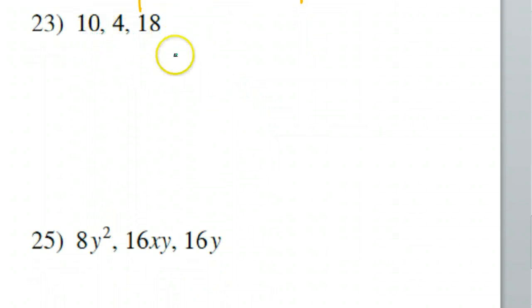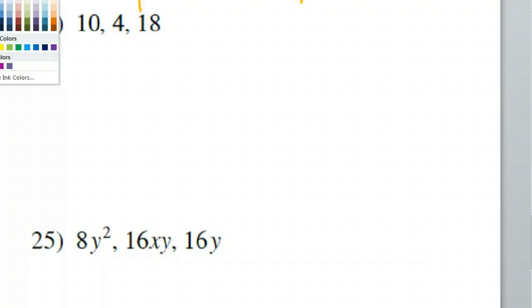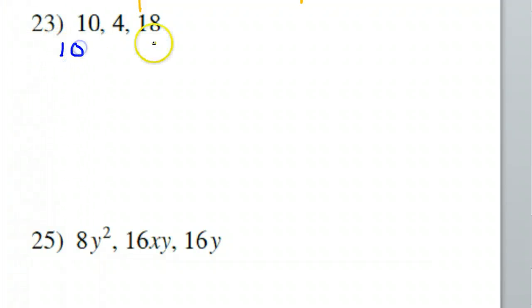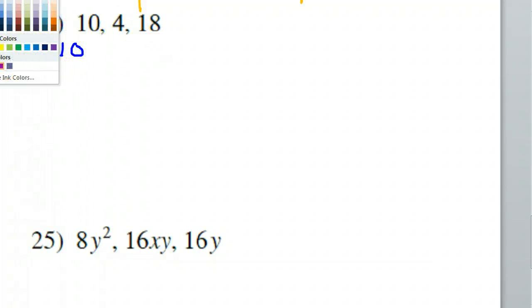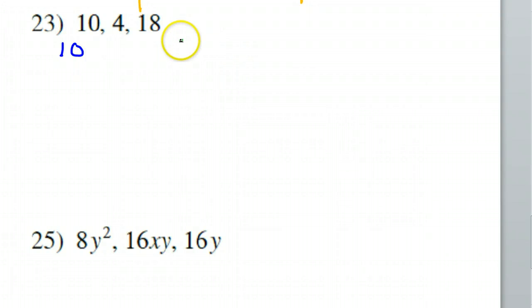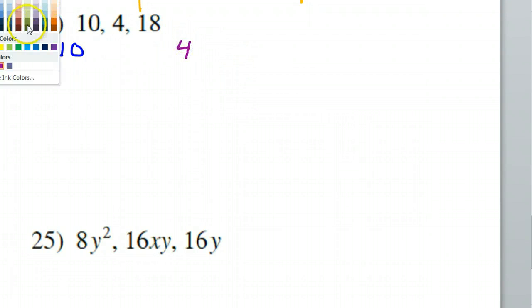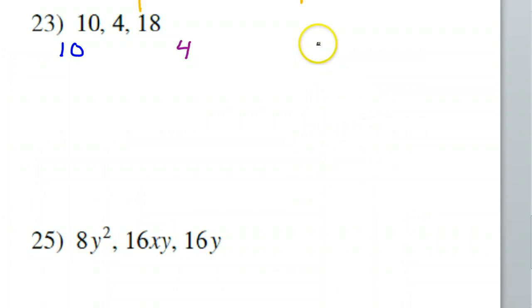So let's do it again. I'm just going to keep using the prime factorization. So we've got 10, and we've got 4, and we've got 18. 10, 4, and 18.